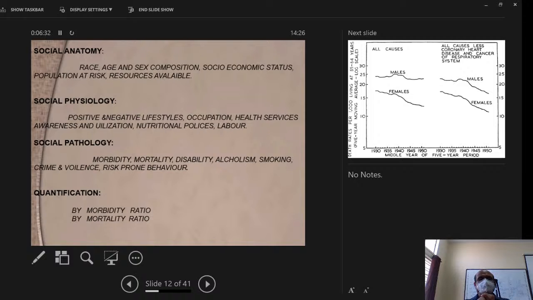Social pathology deals with morbidity, mortality, disability, alcoholism, smoking, crime and violence, risk prone behaviors.